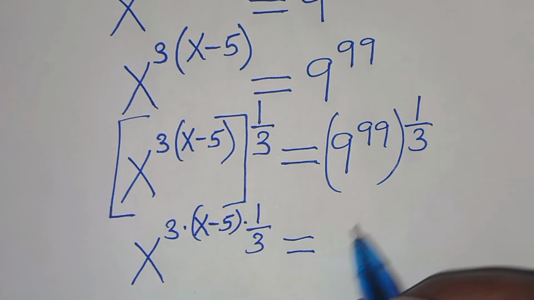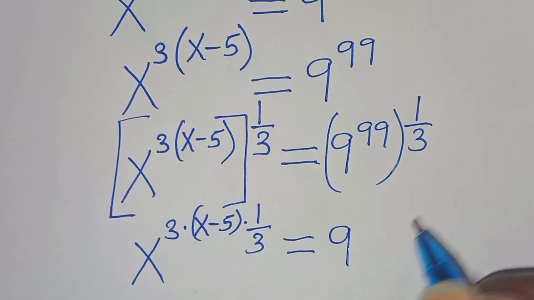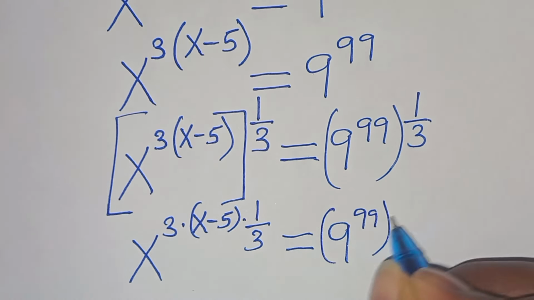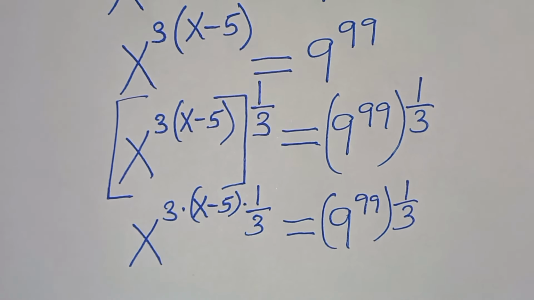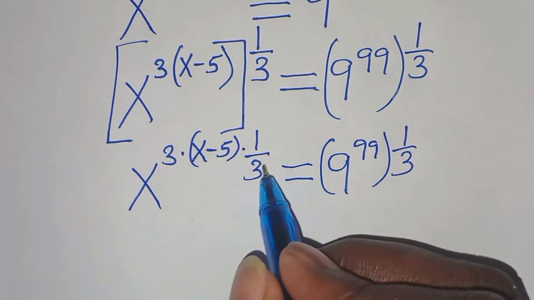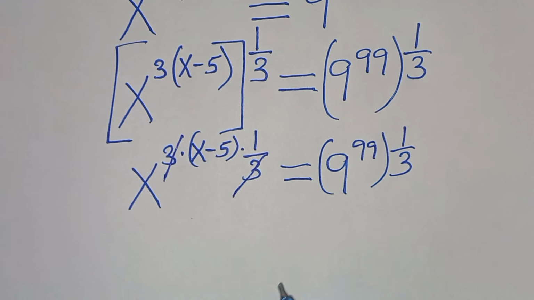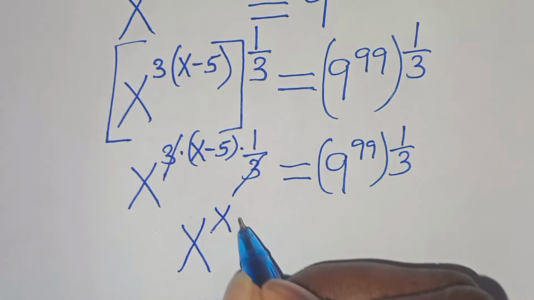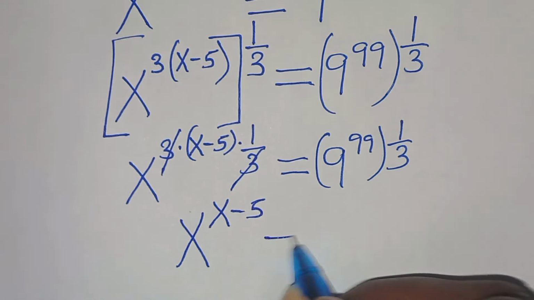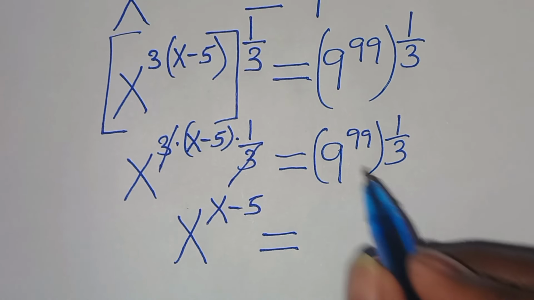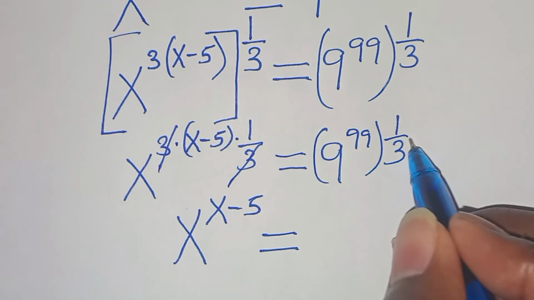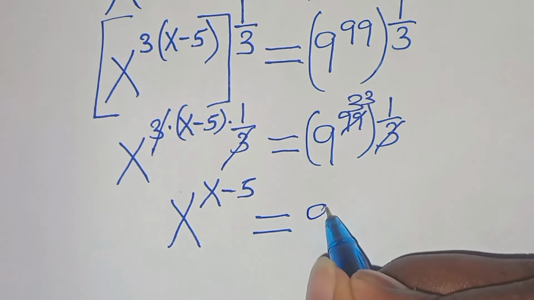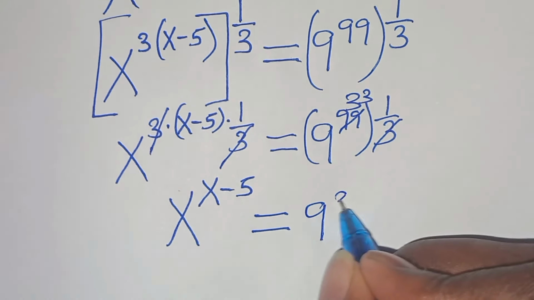This is equal to 9 to the power of 99 raised to the power of 1 over 3. So let's simplify here. 3 and this 3 here simplifies so that we have x to the power of x minus 5. Then this is equal to, now 99 divided by 3, this is the same thing as 33. So we have 9 to the power of 33.